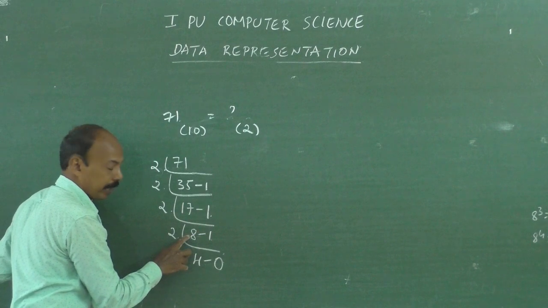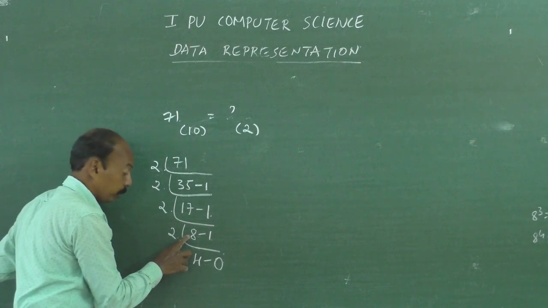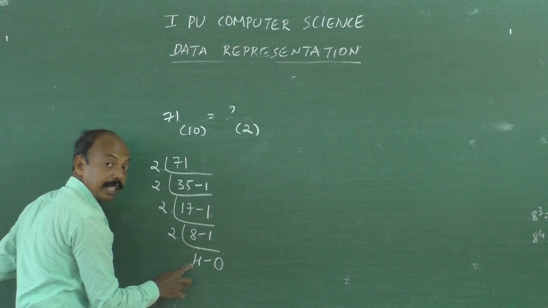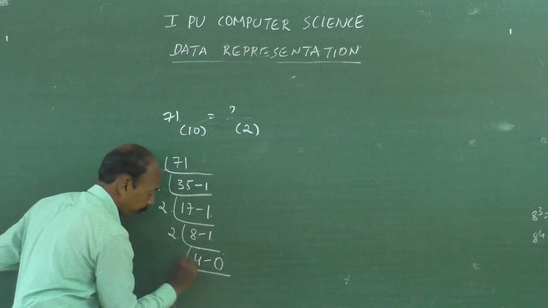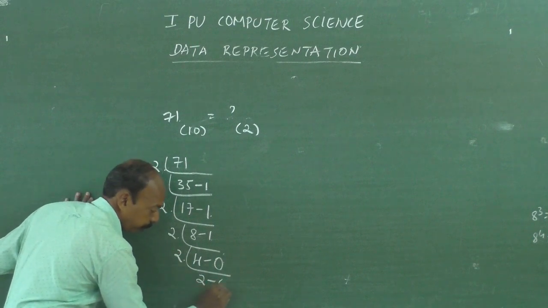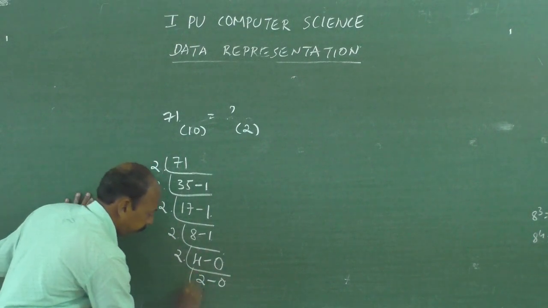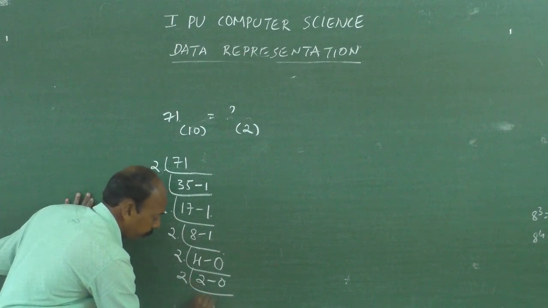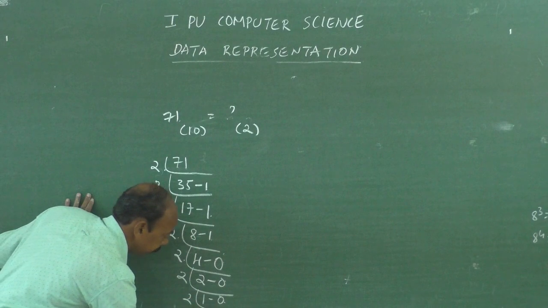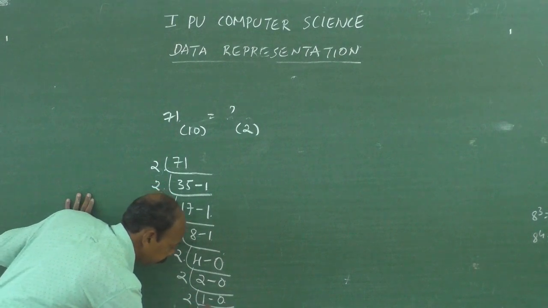Of course here we have, it is 8. So 2 4s are 8. 8 minus 8 is 0. Again 2, 2, 1, 0. Divide by 2, it is 0, 1.